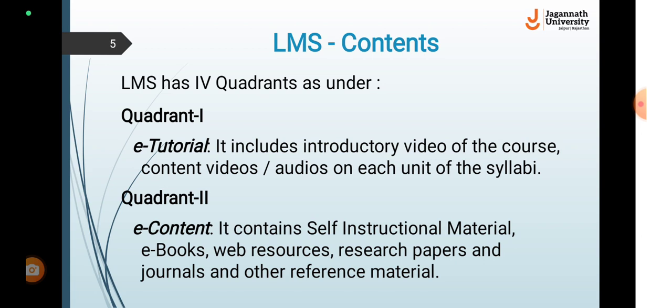Our LMS has 4 quadrants. In quadrant 1, you will get the video lectures and audio lectures on each unit of the syllabus. In quadrant 2, you will get self-instructional materials, e-books, web resources, research papers related to your topics, journals and other reference materials.